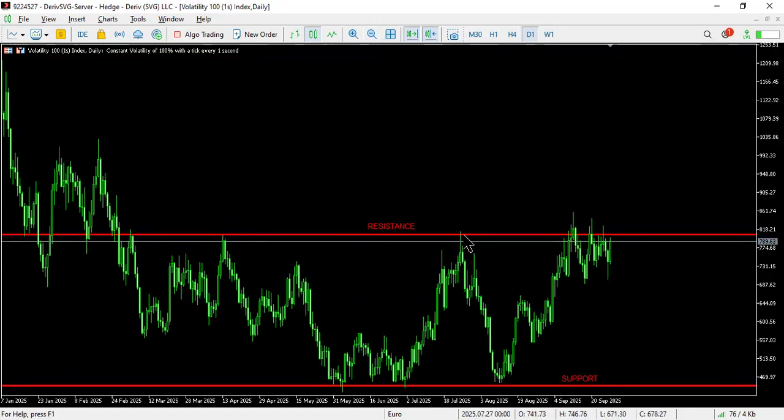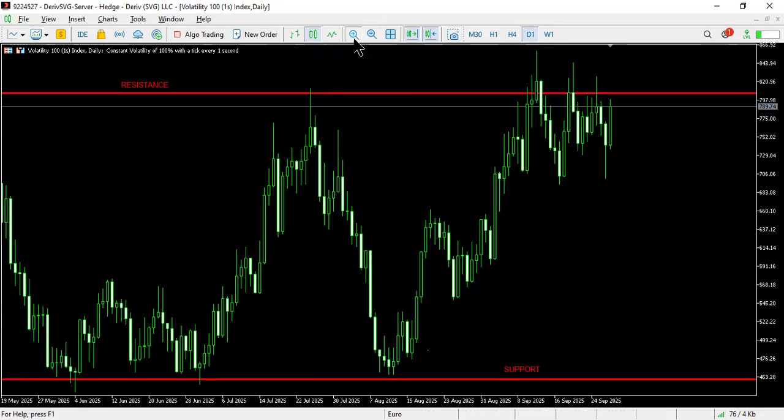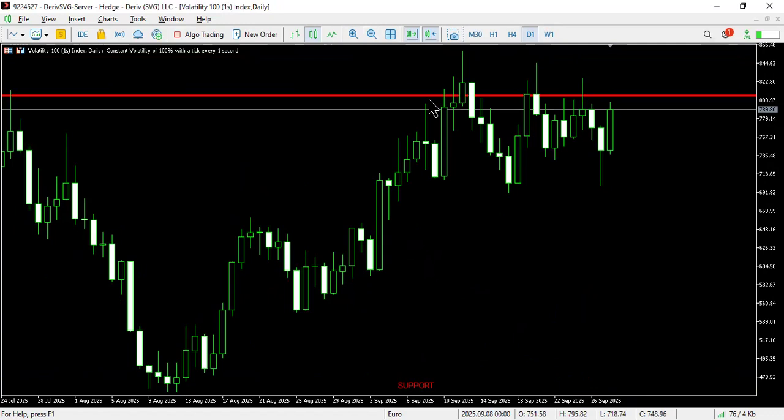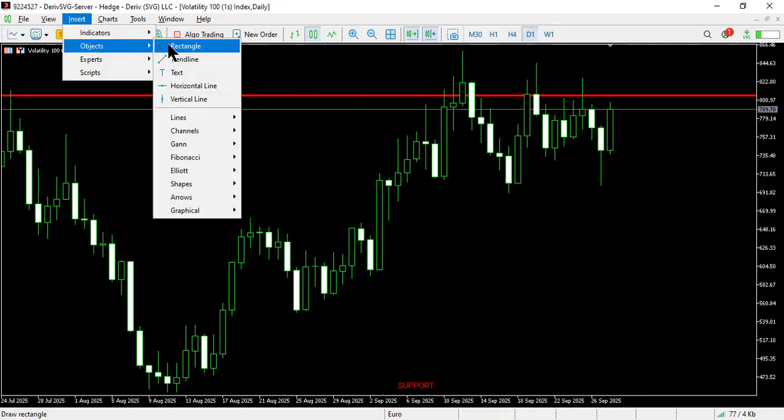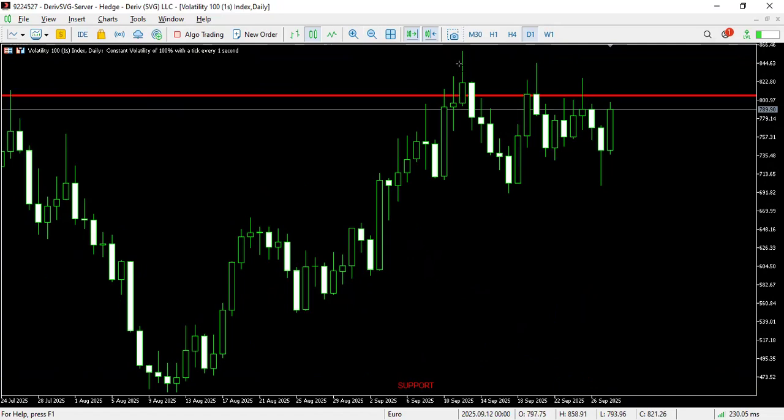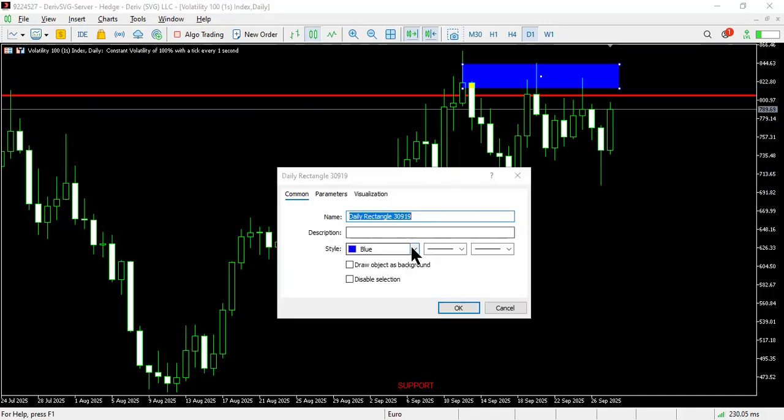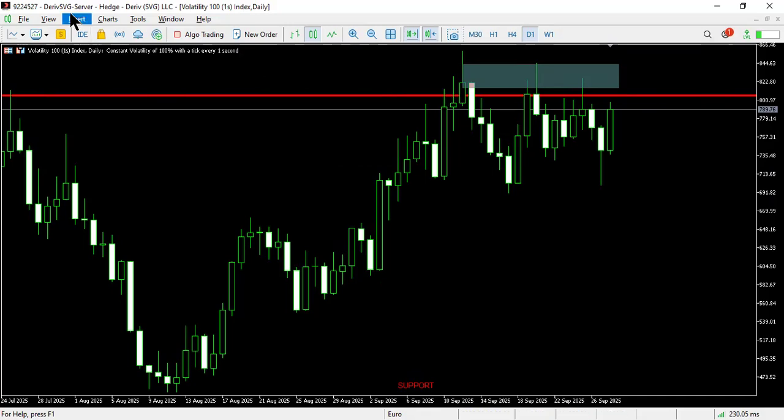So from the daily time frame, as you can see, price has been rejecting at this resistance level. If we zoom in and study the recent price action, we can see that price is bouncing off between two levels: that resistance, and the support level.